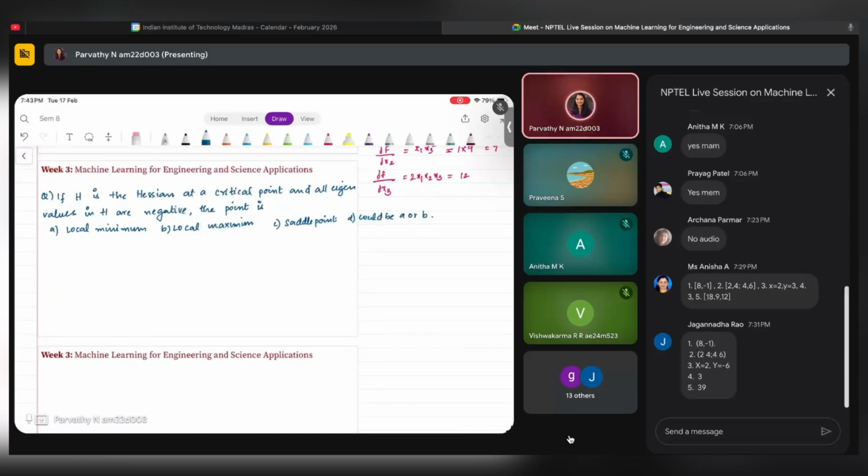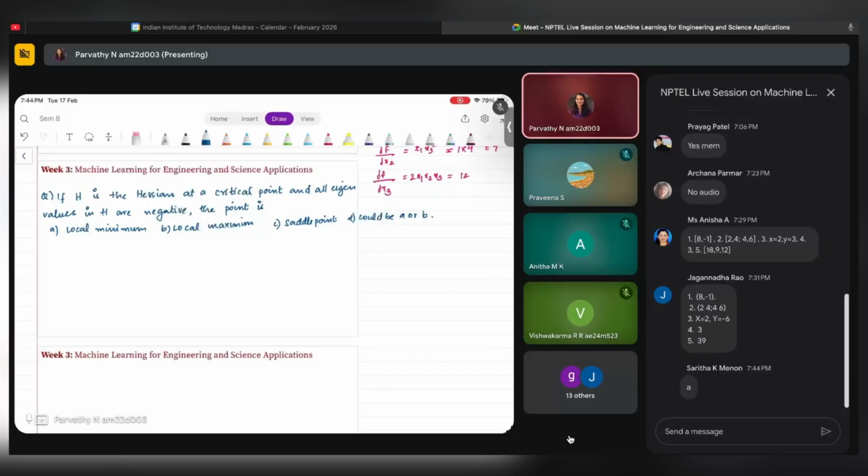So if H is the Hessian at a critical point and all the eigenvalues are negative, then the point is a local minimum, a local maximum, or a saddle point.